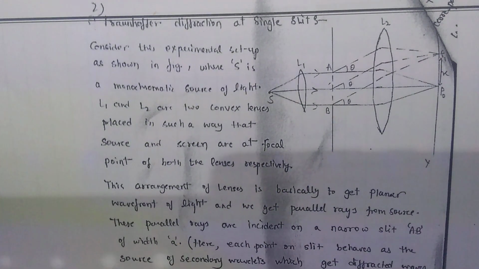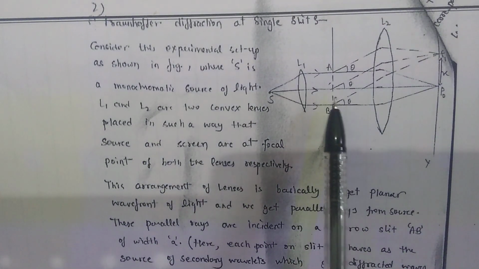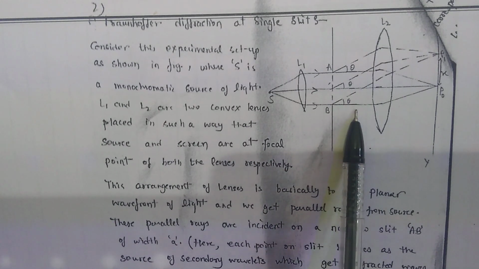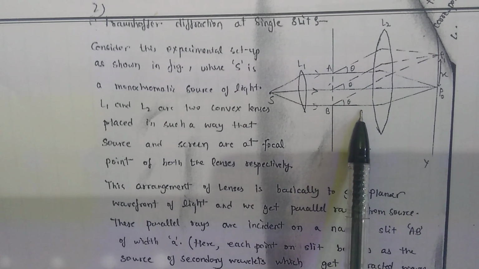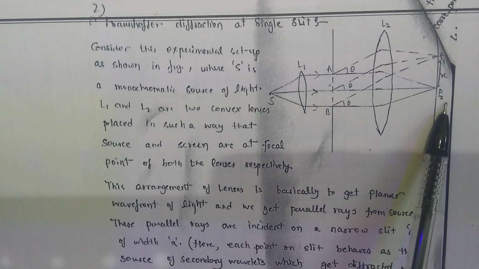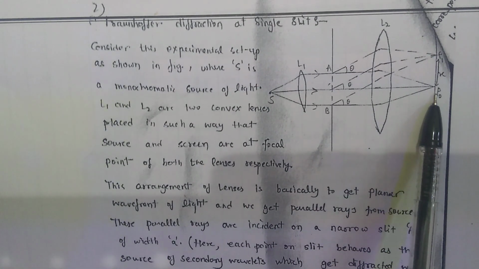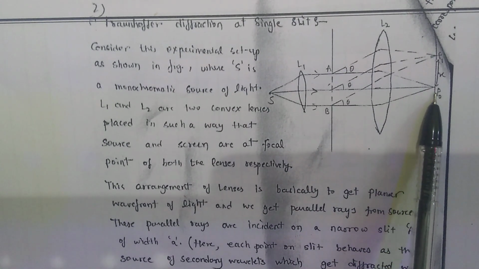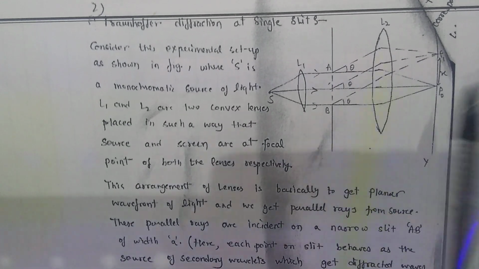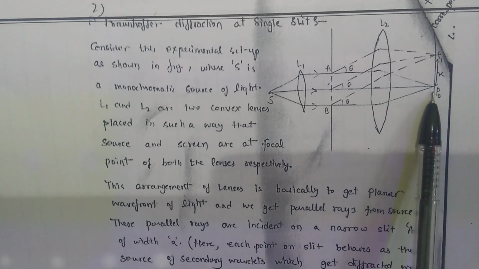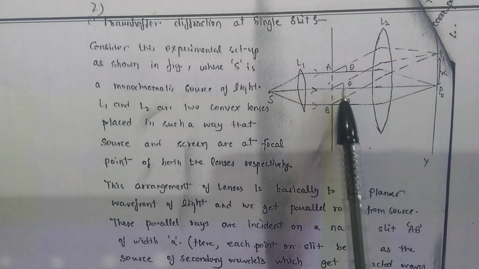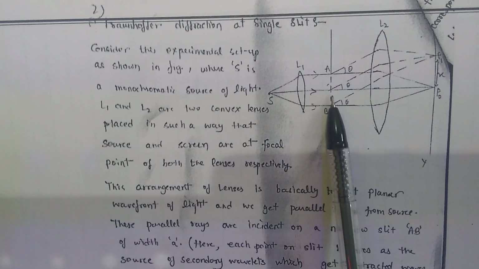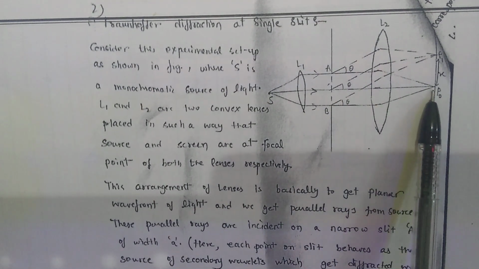Now some of the secondary wavelet sources which are undiffracted here will travel further, and we will consider a point P0, which is at the center of the screen, or we can say the perpendicular from this central point falls on the middle of this slit. So this is the central point, right?